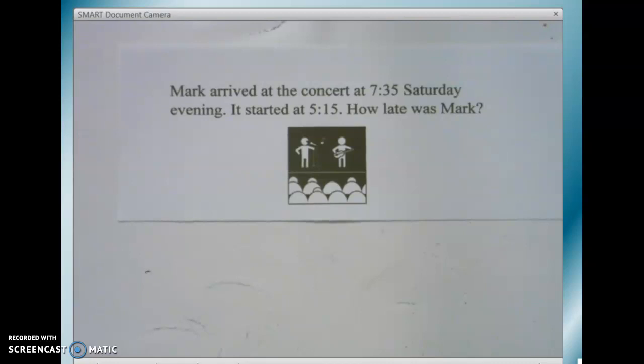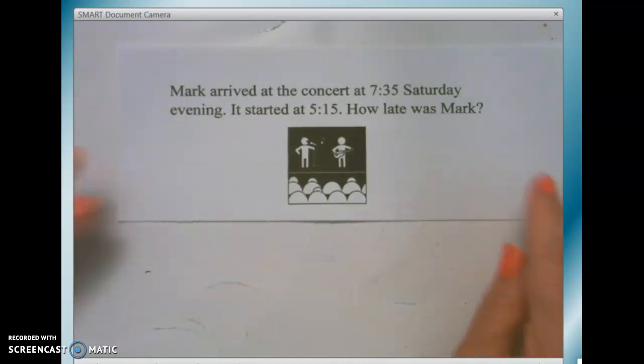It started at 5:15. How late was Mark? Mark didn't make it in time. Maybe he got stuck in traffic. Maybe they stopped for dinner and it took too long. But poor Mark didn't get to the concert until 7:35 Saturday evening. And the concert actually started at 5:15. So how late was Mark?